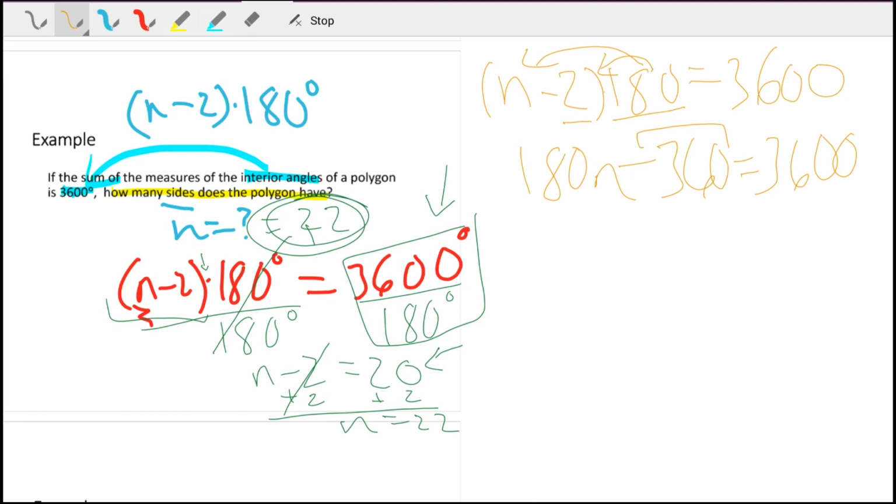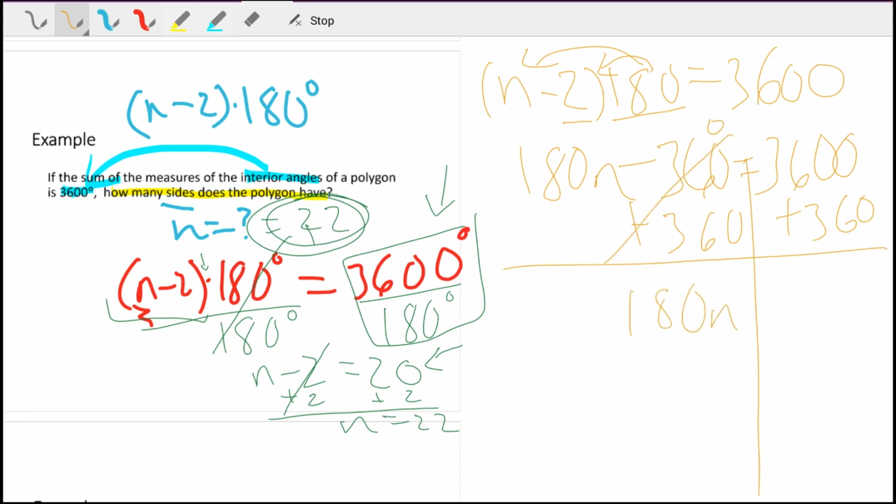Okay, so now let's solve this equation. Now this is where it becomes super procedural. Plus 360 on both sides because we're trying to isolate the variable. Then we get 180n is equal to 3,960.